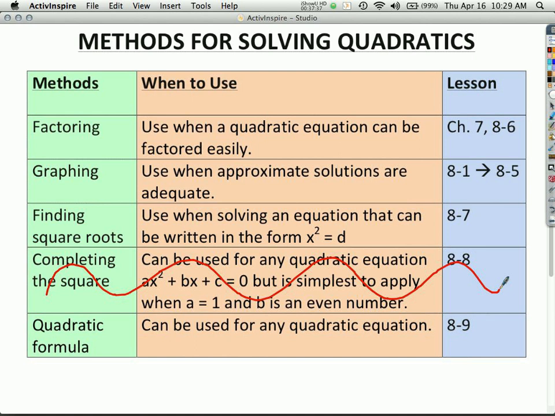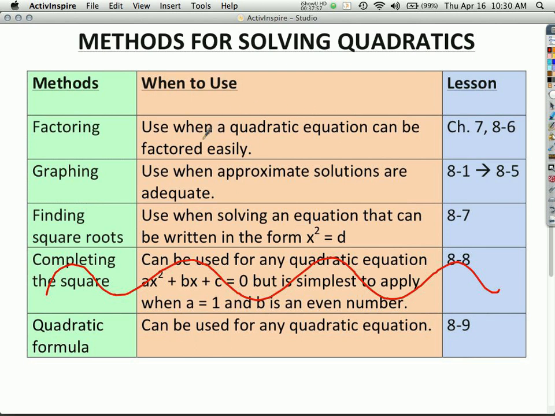And you also have a good idea of when you could use them. For example, finding square roots. If you have the equation in this form, or if there's no middle term, in other words, b is 0, that method works great, and it's fast.